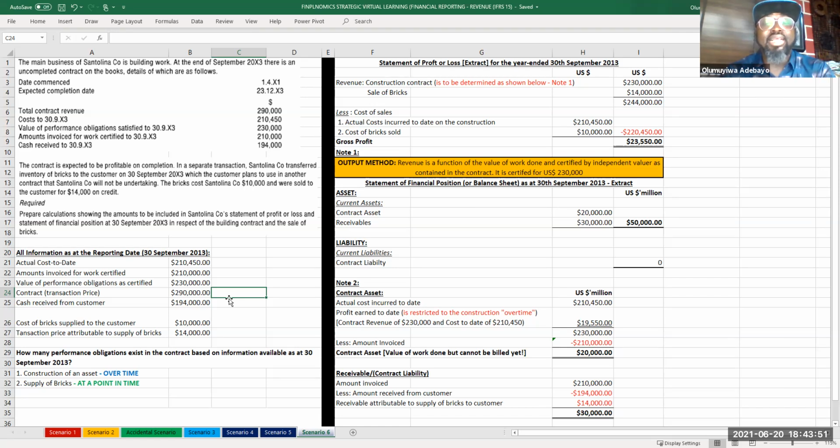Now, your retention does not have any effect on recognizing your revenue in most cases, because it's after the fact. Though you have completed the job, a certain percentage of the amount that you have invoiced will not be paid to you. Not that we are not able to pay, but we are withholding it, which is an integral part of the contract agreement, where it will be payable probably 6 months after the job has been completed.